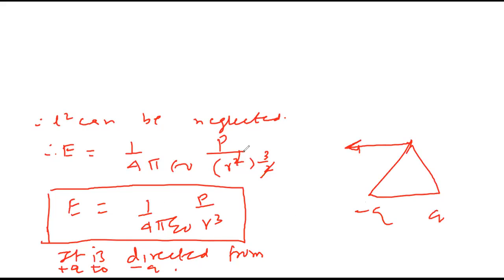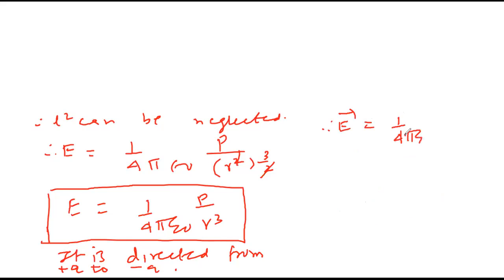Now can you tell me what is the angle between E and P when the point is on the equator? Zero degrees? No, 180.